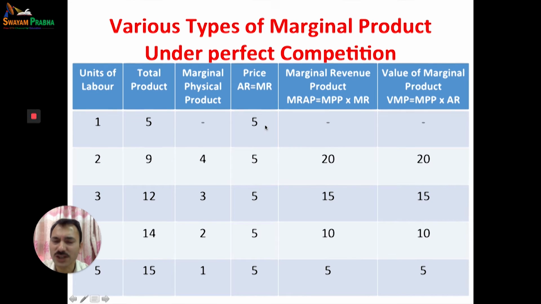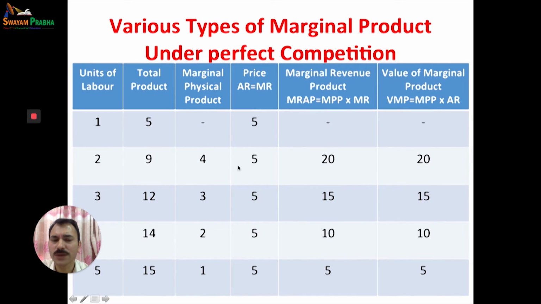But because perfect competition is there, the price, marginal revenue and average revenue remain constant, say 5, 5, 5. There's no change. But marginal revenue product, as I have already discussed in the previous slide, can be calculated as MPP multiplied by MR. So marginal revenue here is 5, marginal product say 4.